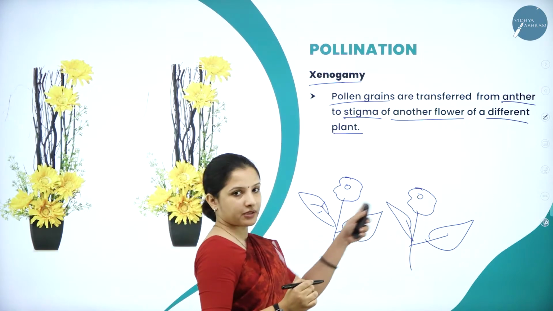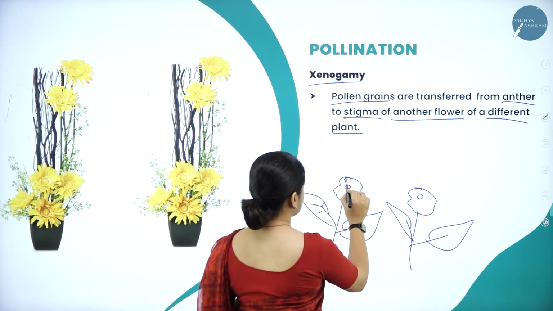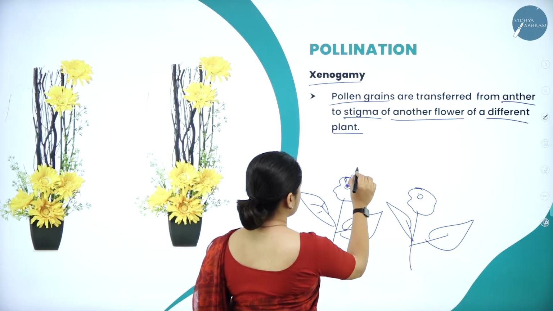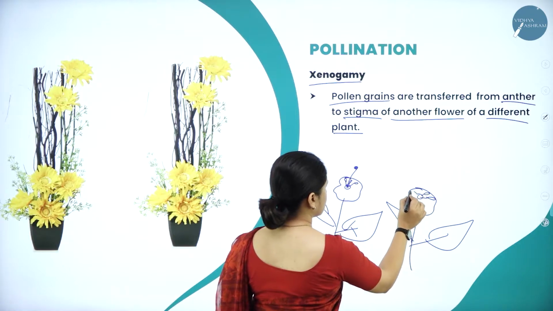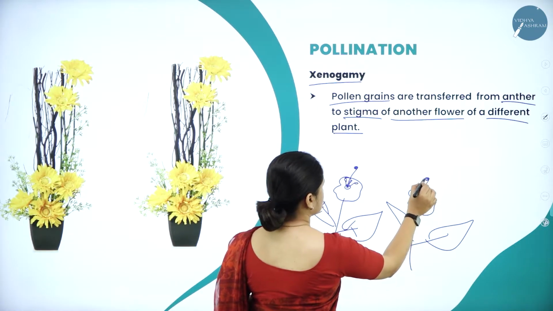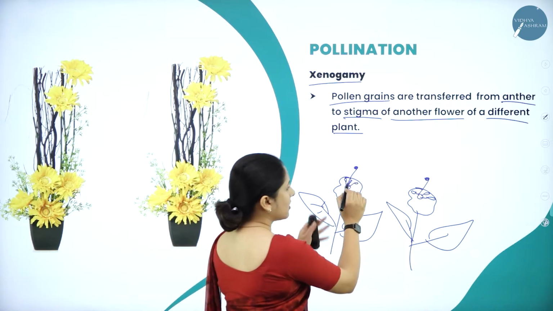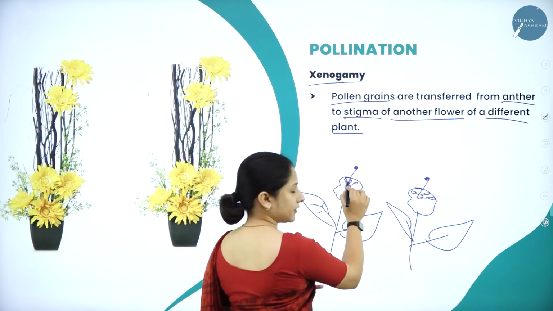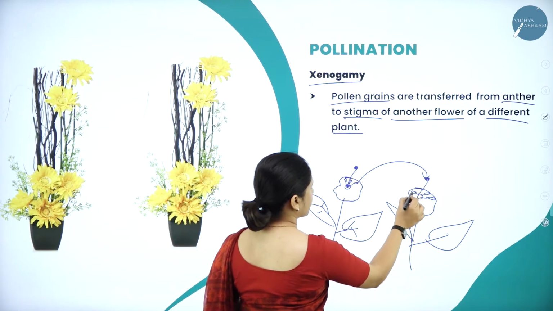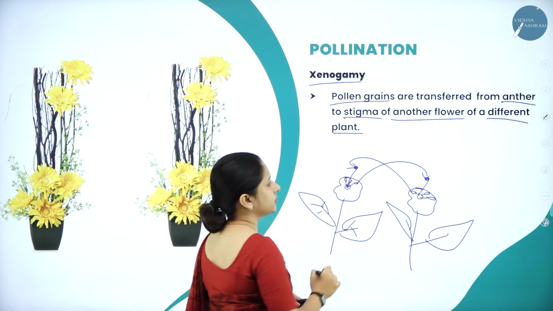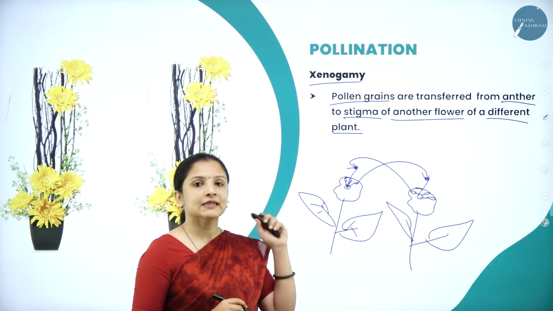Two separate plants, and even these will have the anther and the stigma. From the anther of the flower of this particular plant, the pollen grains will get transferred to the stigma of the other. Such kind of pollination is called xenogamy.